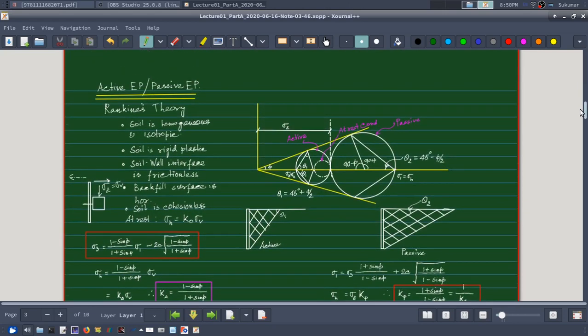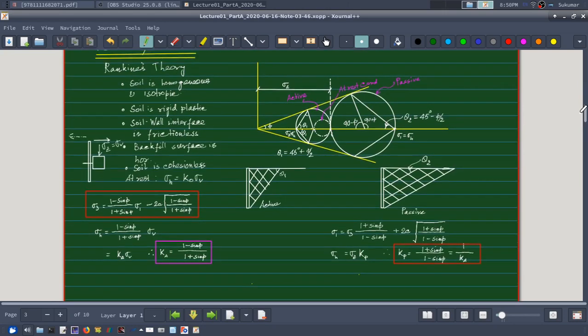And we have studied the failure mechanism that operates in active and passive cases, how the failure circle moves from the at rest condition to the active condition or the passive condition. And we have seen the inclination of failure planes in active and passive cases as per Rankine's earth pressure theory.